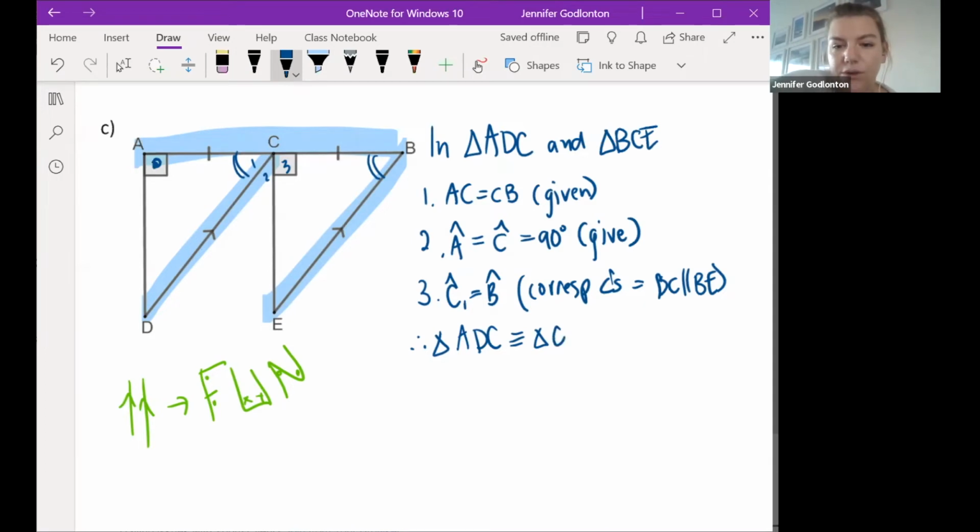CEB. There we go. And what would my reason be? SAA. We have an angle, a side, and another angle. So we're going to have SAA.